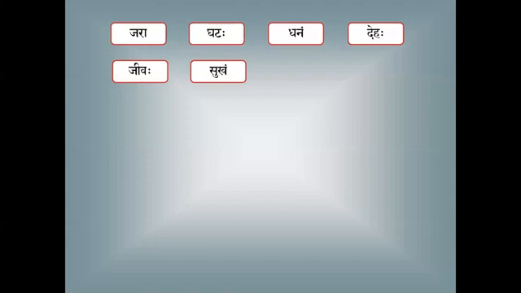Like Gva, after Ga you can see the space. The Va is not touching the Ga. But here it is close. So you have to make it out. Sukham or Suravam. Sukham.